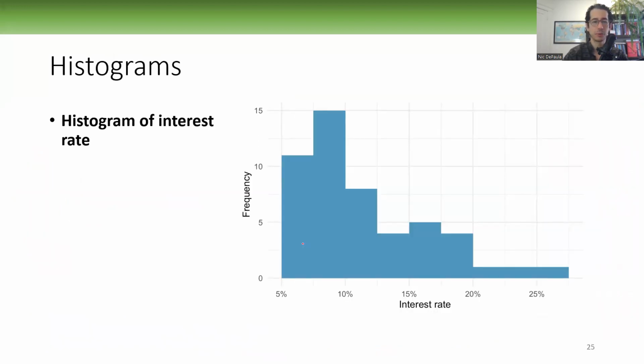So here's just another example, a histogram of interest rate from the textbook we are using. Frequency is on the y-axis, and the variable of interest, in this case interest rate, is here. And notice how it's in bins as well. These are not clearly named, but this may be between 5 and 7.5, 7.5 and 10. I'm just inferring here because of the distance, 10 and 12.5, between 15 and so on.